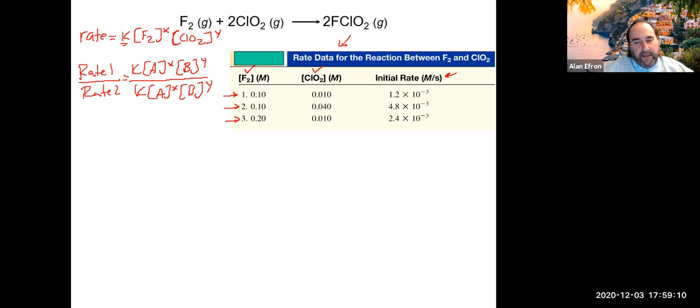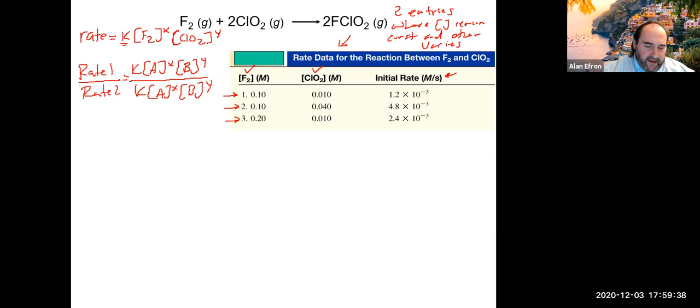Now, when you're picking 2 entries from the table, you essentially want to do it in a way that's going to help you easily solve for what you need. And to do that, when you go to the table, you want to pick 2 entries where one of the concentrations remains constant and the other varies.